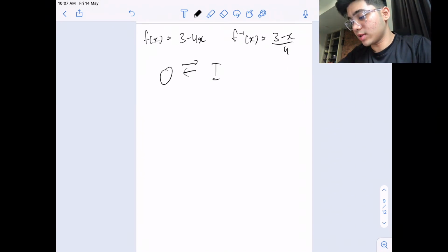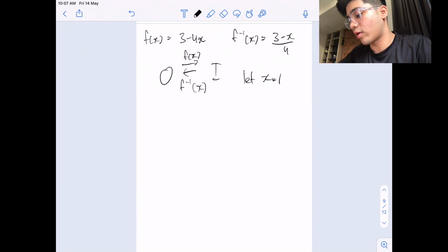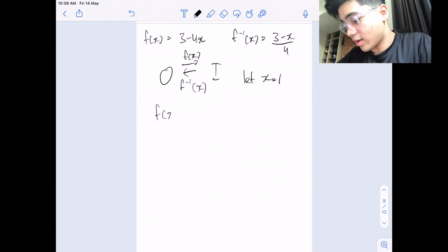Function f goes from object to image, whereas image to object would be the inverse function of f. So let's sub in a value. I'm going to let x equal 1 and test my inverse function. But first I have to put it into the function f, so f(1).